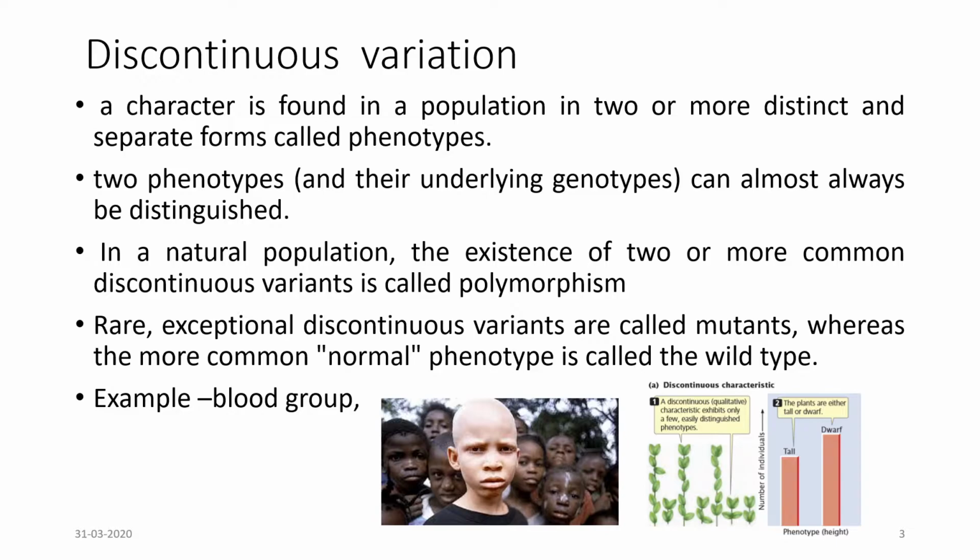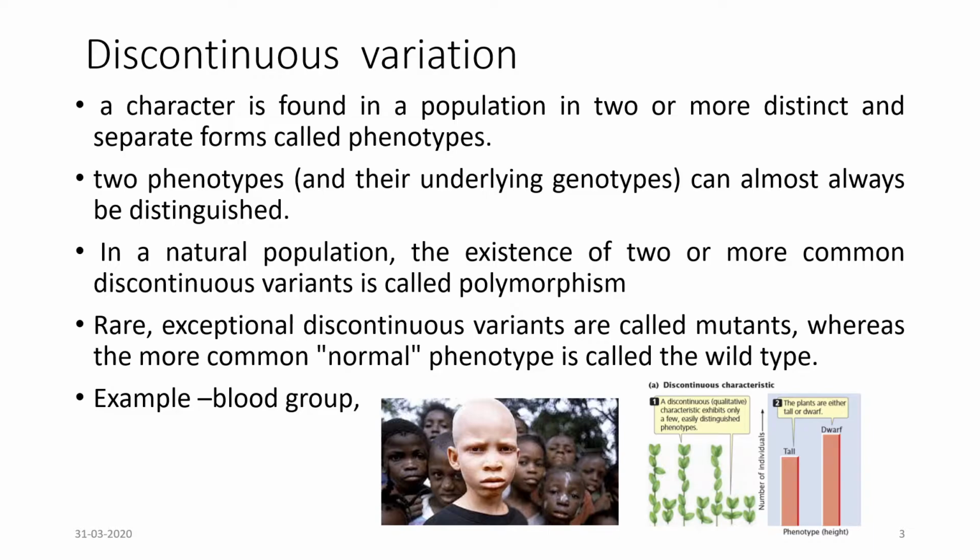Discontinuous characters are found in a population in two or more forms, which are very distinct and separate forms called phenotypes. The two phenotypes can be easily distinguished, or they can appear as polymorphisms also. If you have mutants, the more common normal phenotype will be called the wild type and the mutant will be called a mutant.